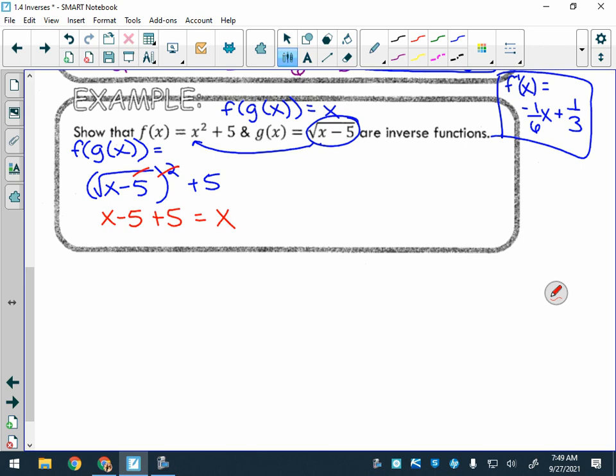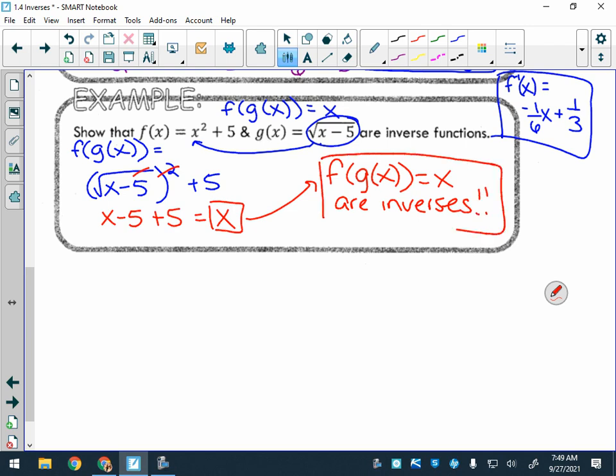Yes. So by doing this, both x squared plus 5 and the square root of x minus 5 are inverses.